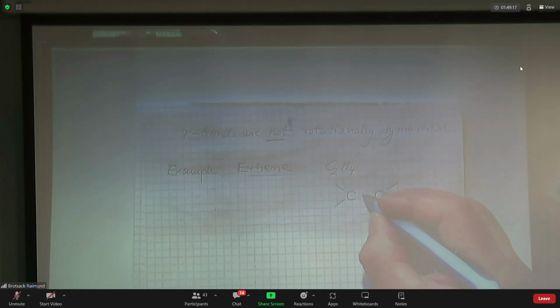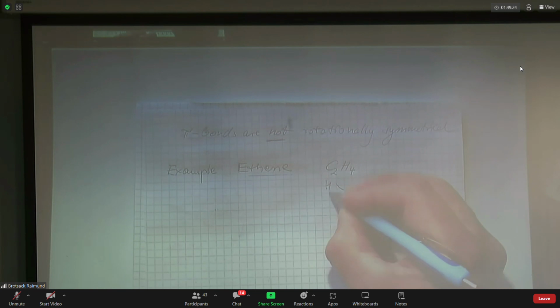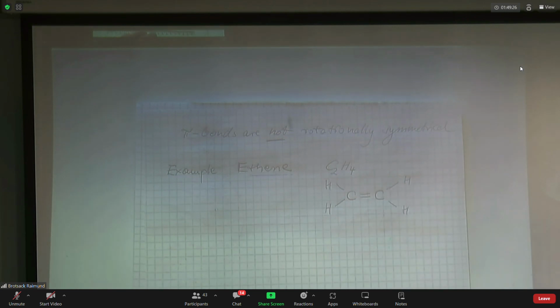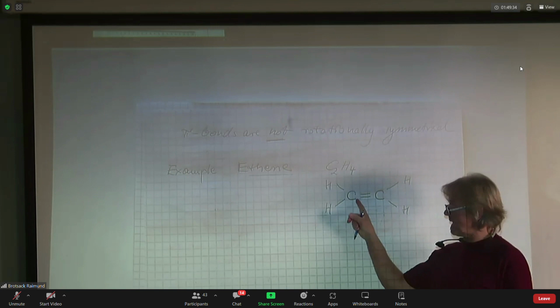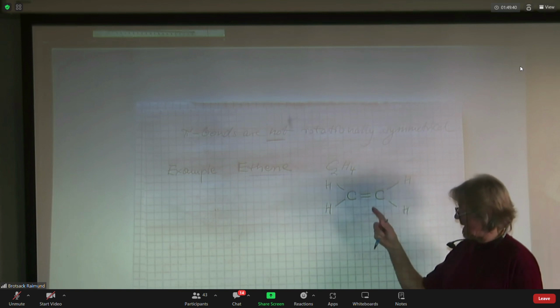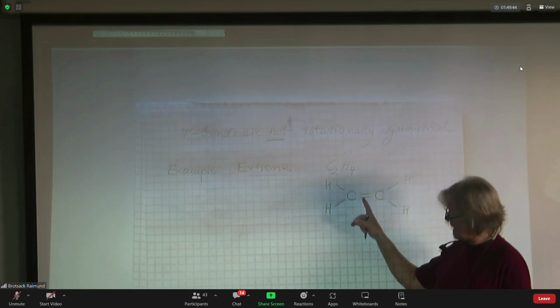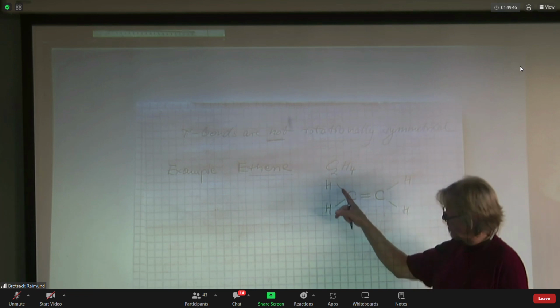And in between we have a double bond. Please always think on that. Carbon, in any case, needs 4 partners. Now we have 1, 2, so this is the same partner, but we have a double bond, 3, 4.